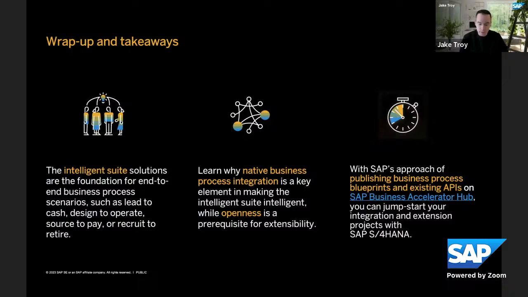And that's how we're achieving the goal of the intelligent enterprise. So we hope that gave you a glimpse of T2R and what we're accomplishing with the Intelligence Suite. And now I'd like to turn it over to Larissa to help moderate any questions that have come up in the chat.